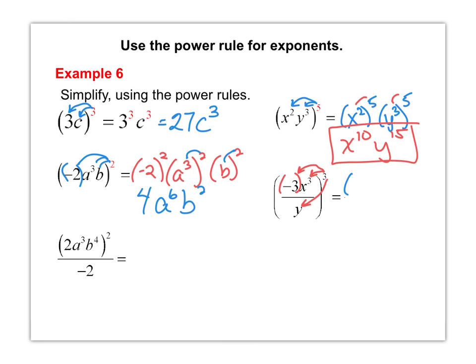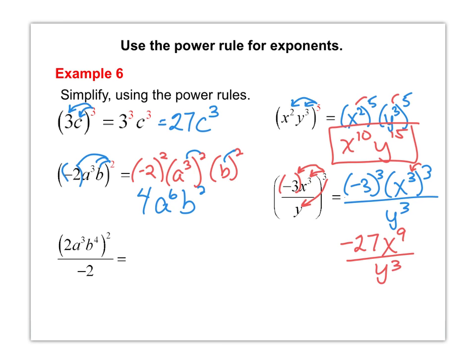So it's going to look like negative 3 to the third, x to the third in the numerator, and y to the third in the denominator. Then when we simplify this, negative 3 to the third power is negative 27. X to the third power, power to a power you multiply to get x to the ninth, and then y to the third in the denominator.